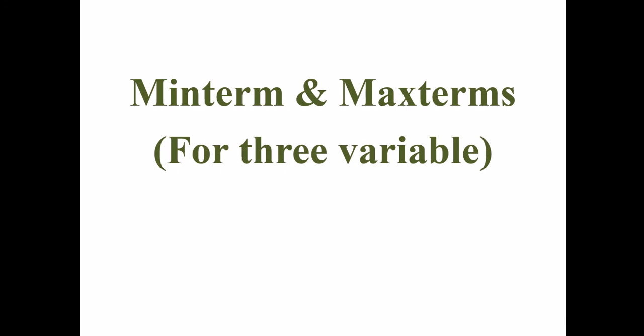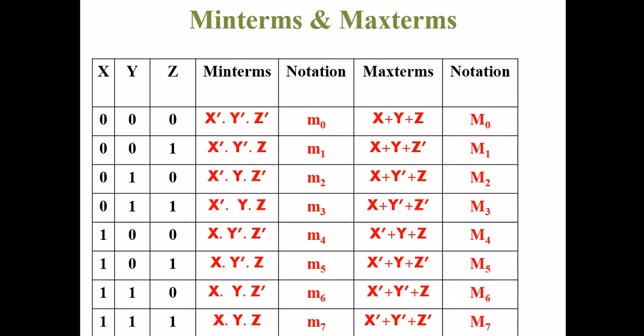Now min term and max term for three variables. Here you can see the comparison between min terms and max terms. These are the min terms 0 to 7 and these are the max terms. As you look here, these are completely opposite of each other.